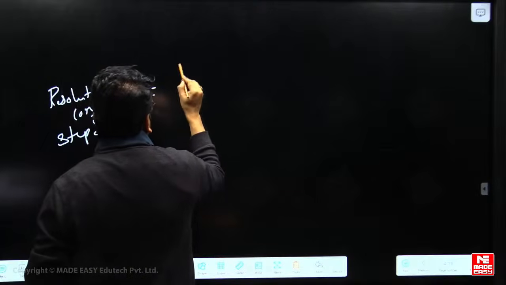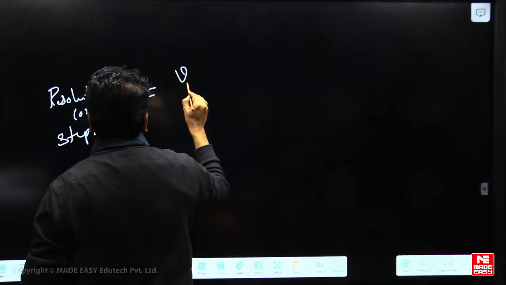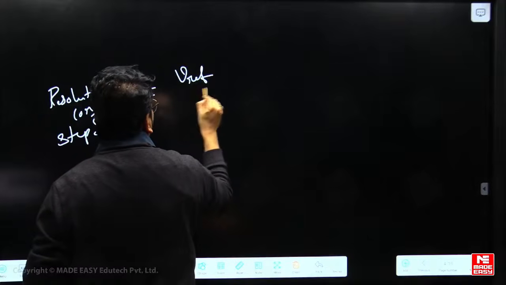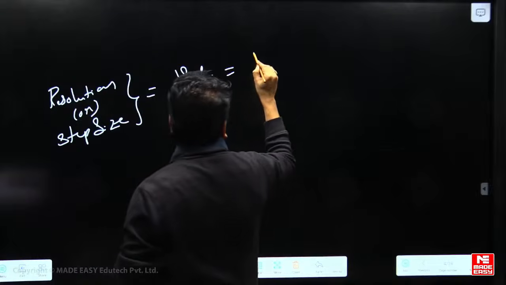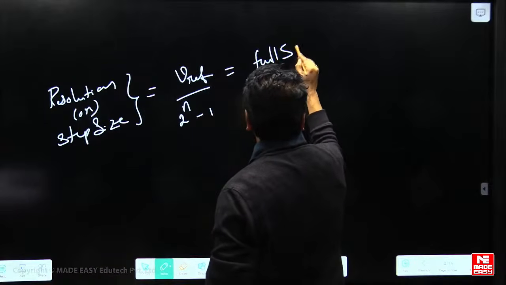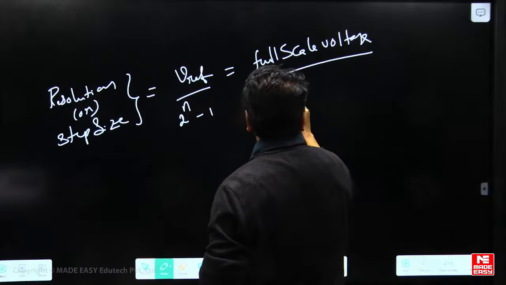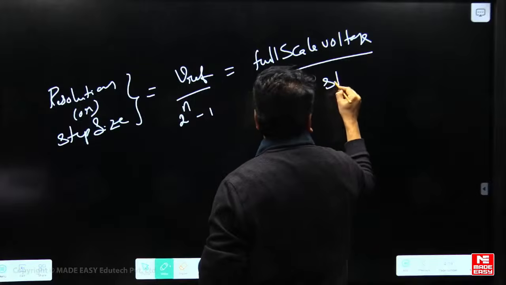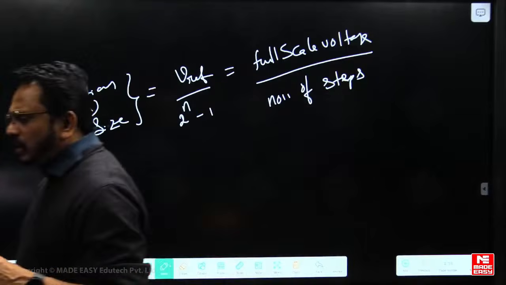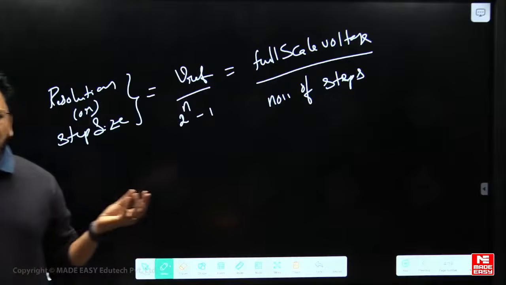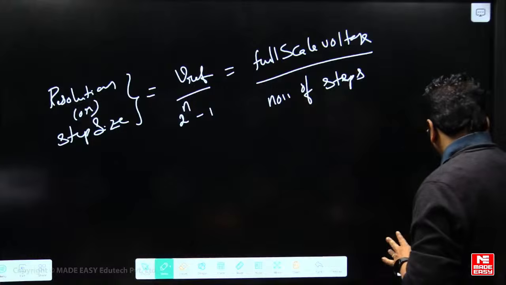Resolution or step size is nothing but V full scale voltage, or V reference, divided by 2 power n minus 1, that is nothing but full scale voltage by number of steps. So based on that we can do it. So maximum questions will be based on the simple formula only in the ADC DAC. Okay, right.